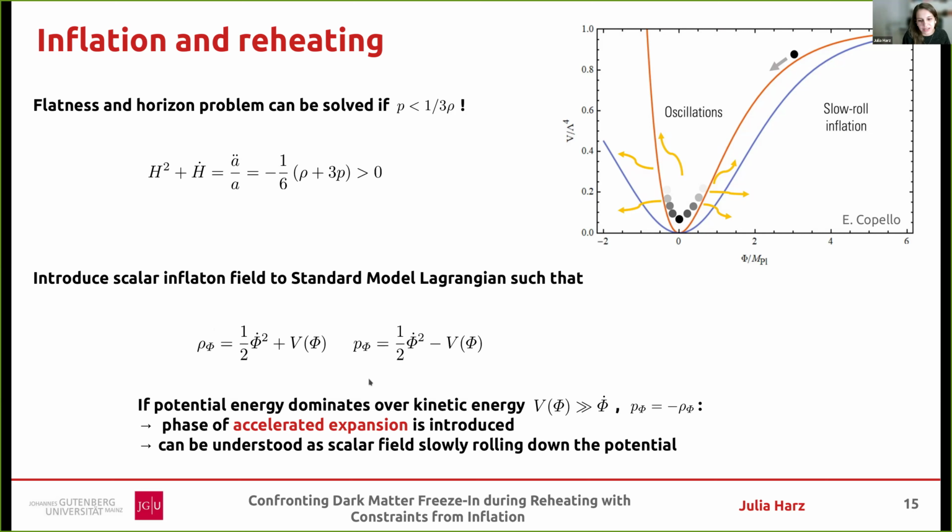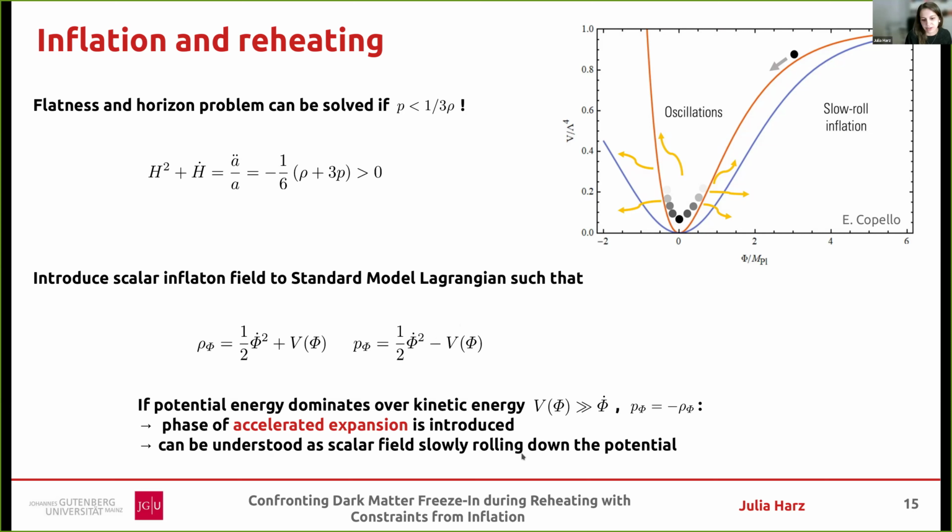If the potential is much larger than the kinetic term, we get a relation of the pressure to the energy density with a minus sign. So we can solve the flatness and horizon problem, because the pressure would be smaller than the energy density, which means the potential energy is much larger than the kinetic energy.